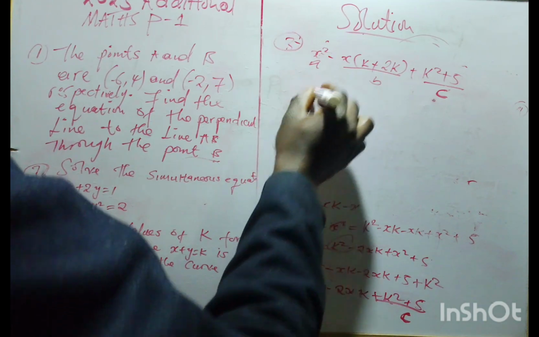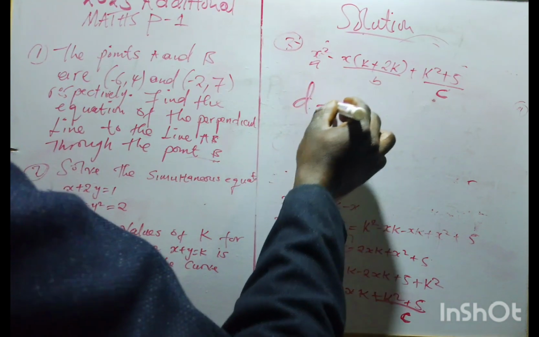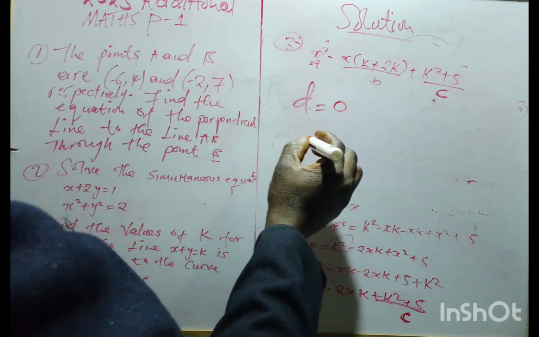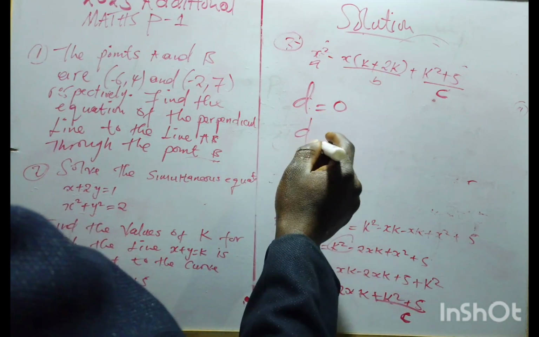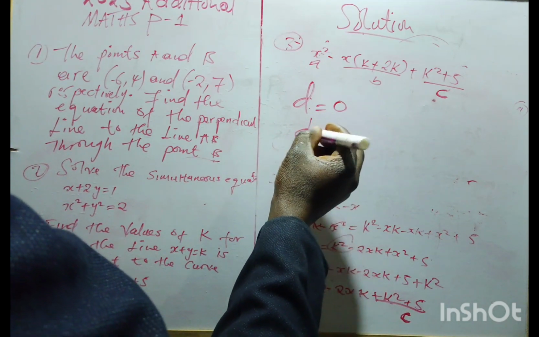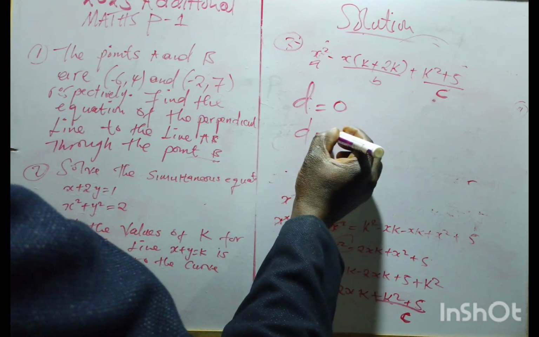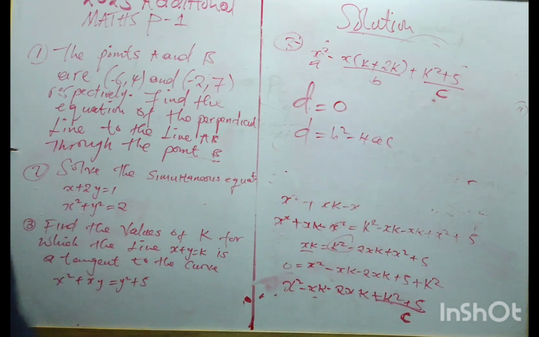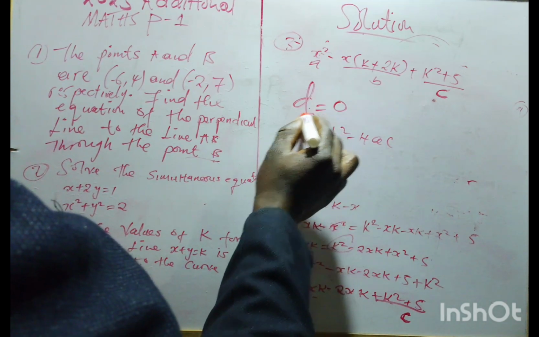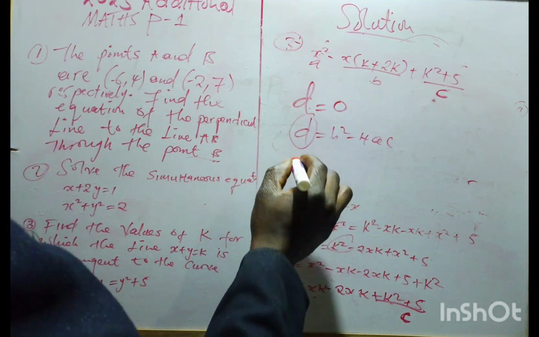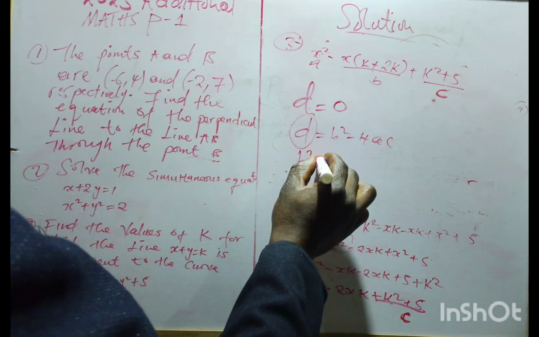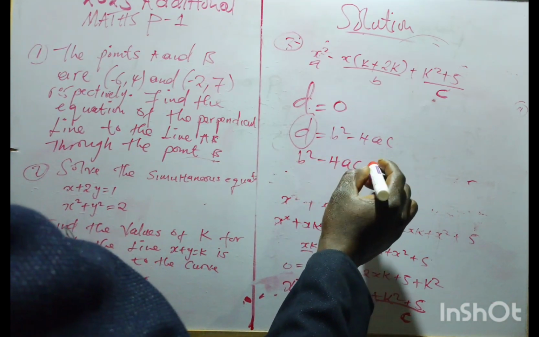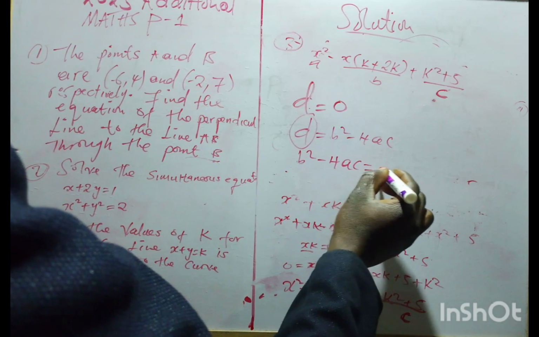We all know that the discriminant is equal to 0. So when the discriminant is equal to 0, from this equation, which we already know, which is D equals b squared minus 4ac. So when the discriminant is equal to 0, the equation will be b squared minus 4ac, which should be equal to 0.